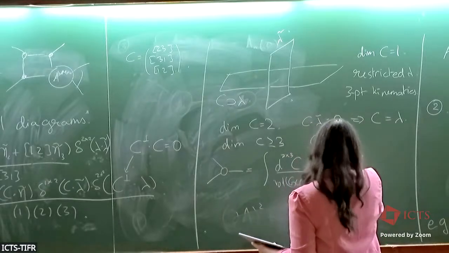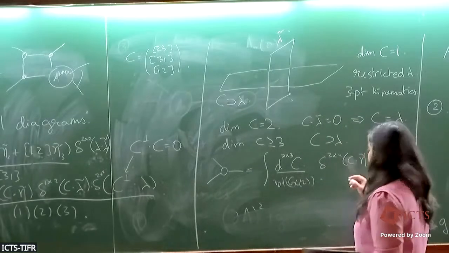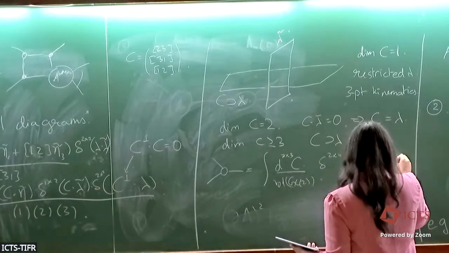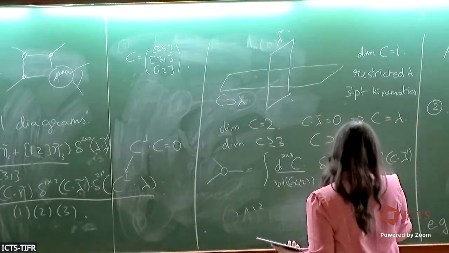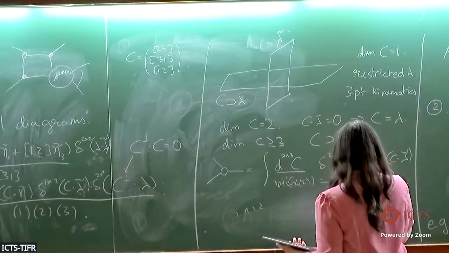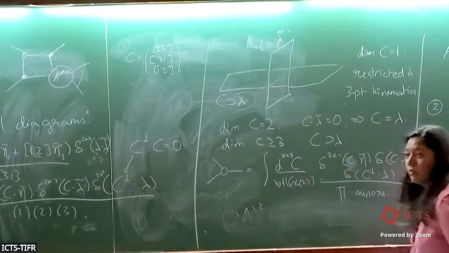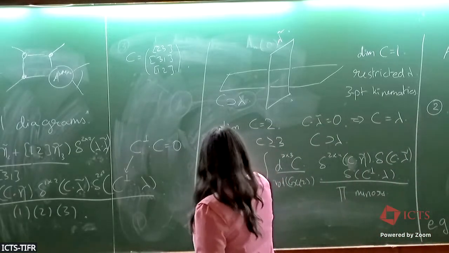C dot eta tilde gives you the supersymmetric delta function. Then you have the C dot lambda tilde, you have C perp dot lambda, and then you have a product of the minors.